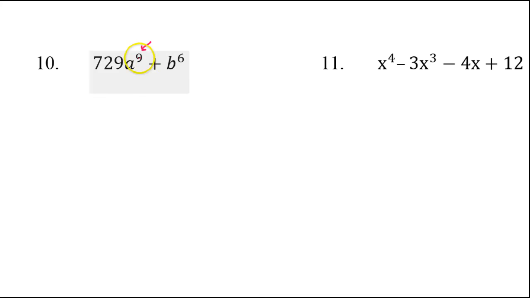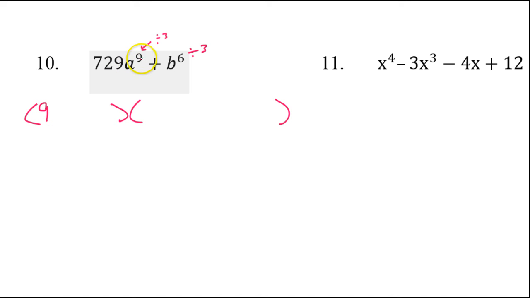So when I take the cube root of this, I'm just going to wind up dividing by 3. Same thing here with b to the 6th power. So when I have the sum of two cubes, remember it will be a binomial times a trinomial. The cube root of 729 is 9.